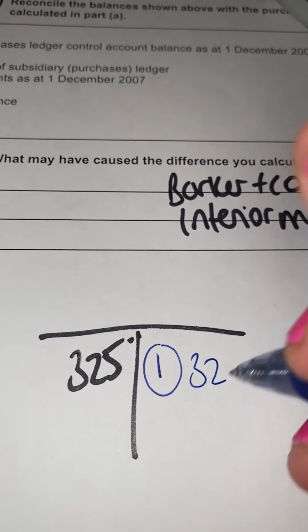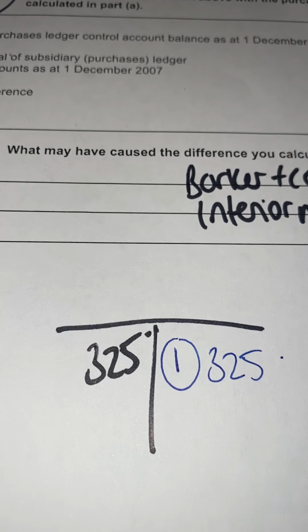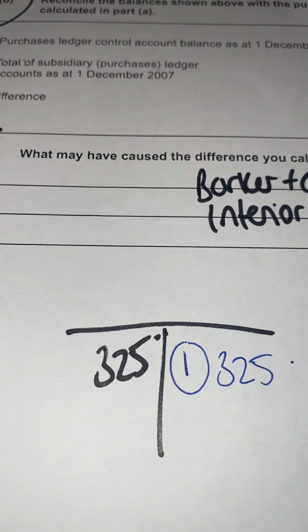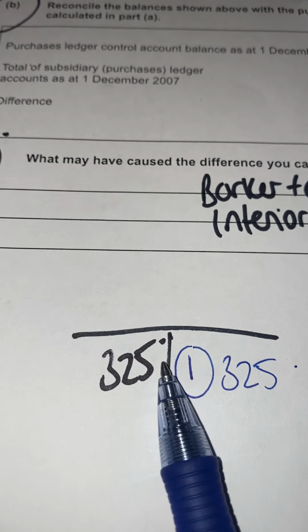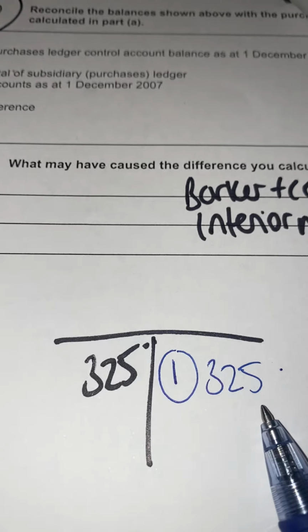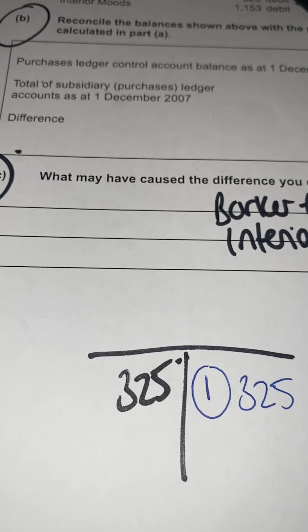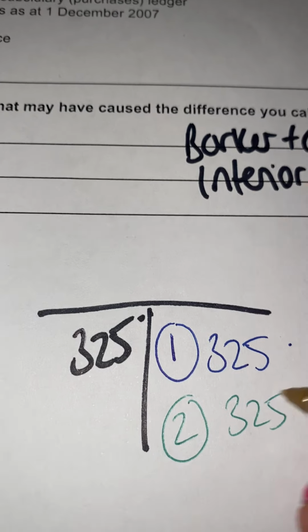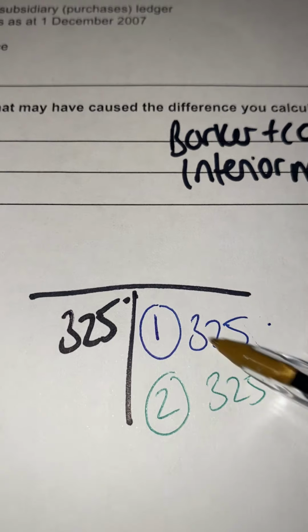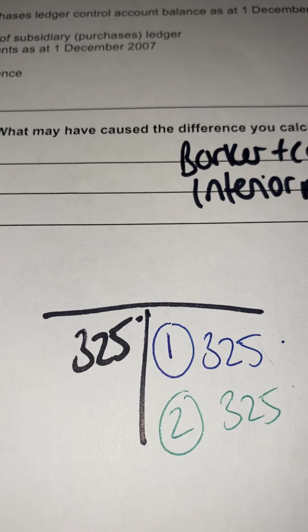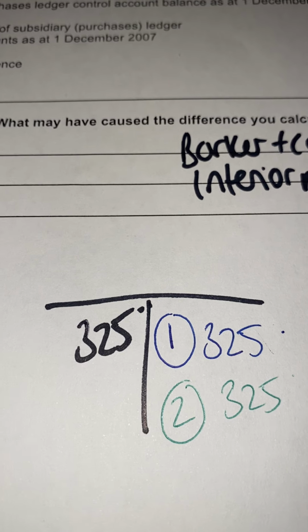If I was to just do that, would you agree if you were to balance that T account now, it actually would be zero because you've got 325 on the debit side and £325 on the credit side. So if I was to do this though, put it in a second time, now if you were to balance that, you would have £325 on the credit side.